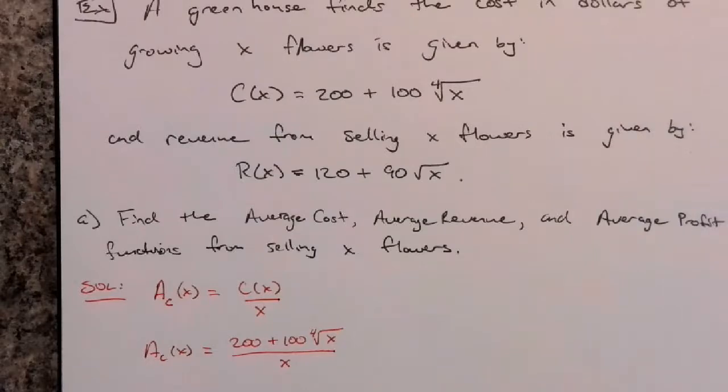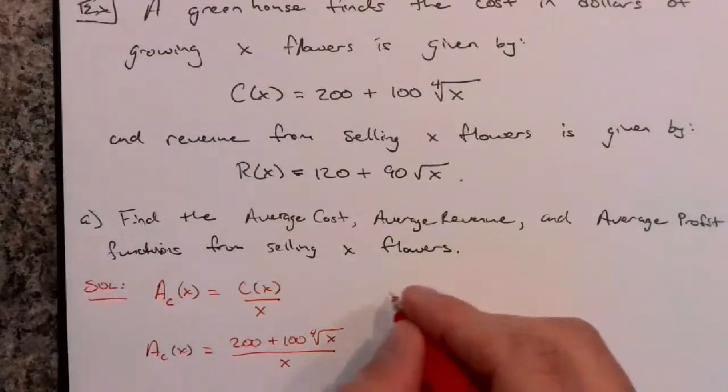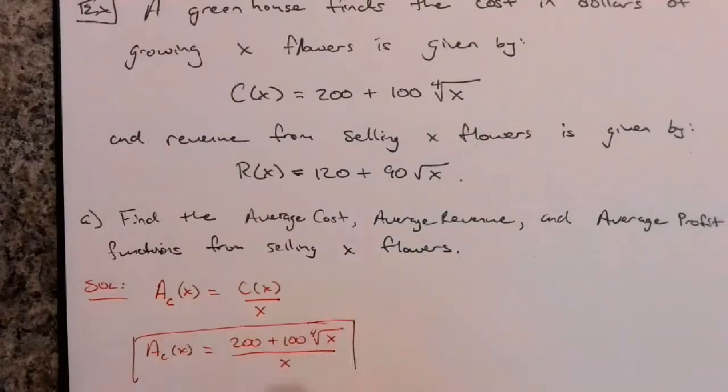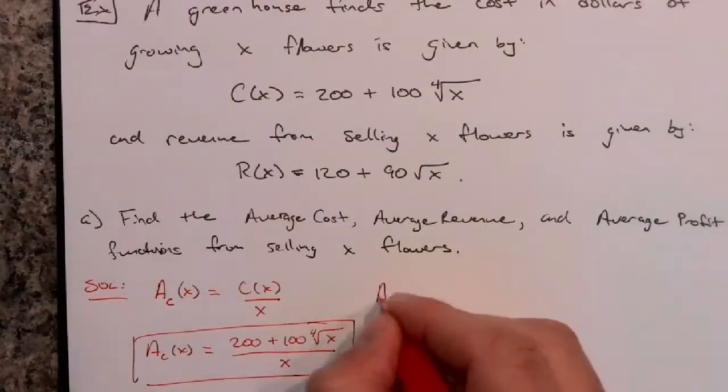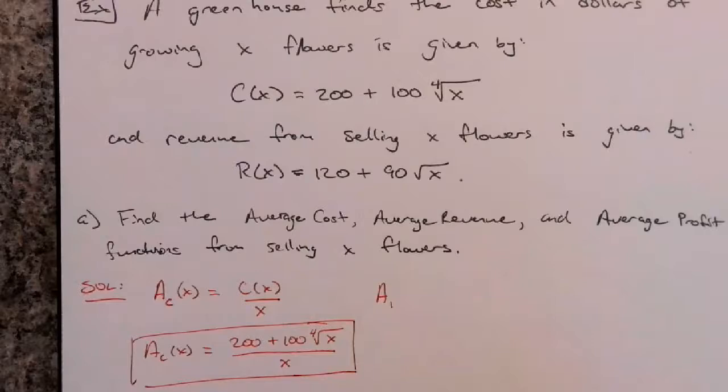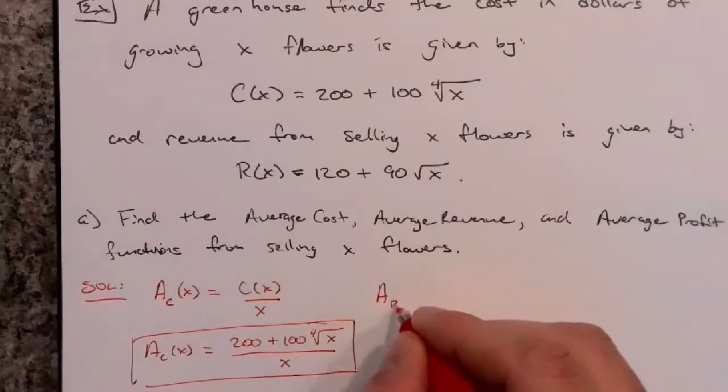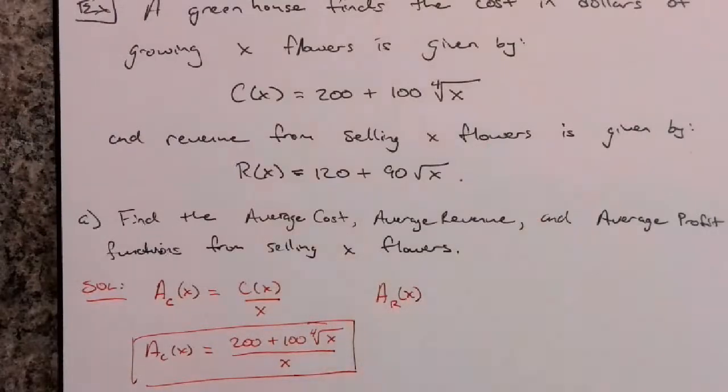Average revenue, maybe I'll call that one. So here's average cost, that's the first one. For average revenue, I'll call this A sub R of X, just so you know it's a different function.